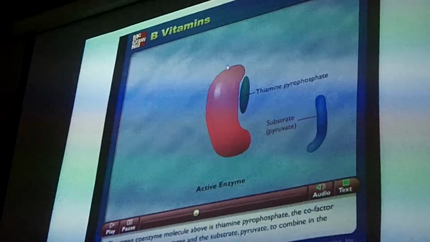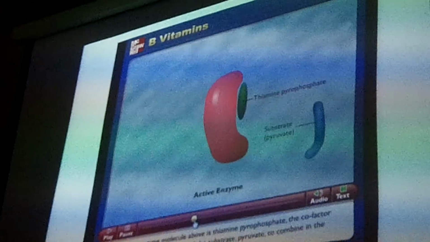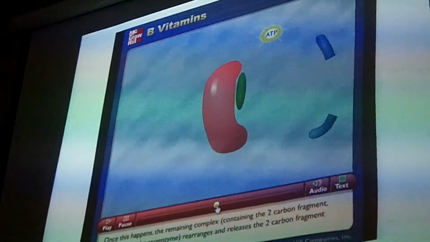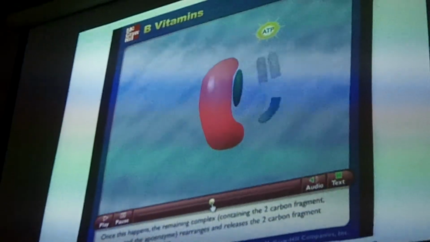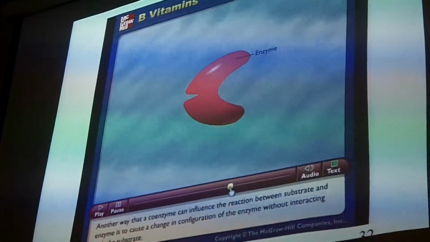The enzyme cannot be active without that vitamin. This is why you need to eat your vitamins. Now here's a substrate, it fits onto the enzyme, then comes apart, and there are your products. So this enzyme wouldn't work without the vitamin.